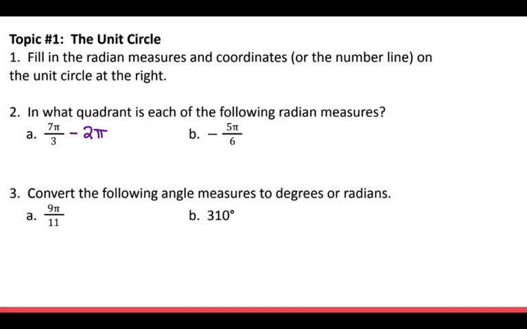Keep in mind when you're subtracting fractions, you need that common denominator, so that's 2 pi over 1. So really what I'm subtracting is 2 pi in terms of thirds, which is 6 pi over 3. So that gives me pi over 3 for the angle equivalent on that unit circle, and pi over 3 is in quadrant 1.